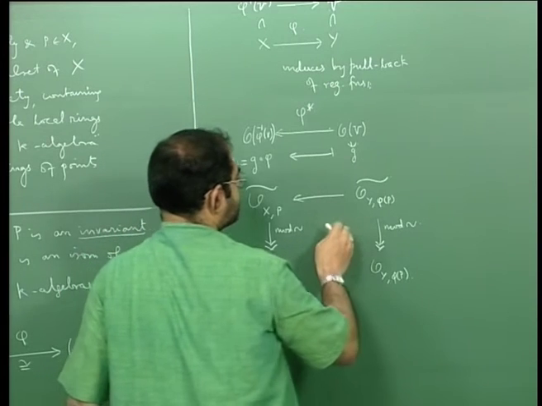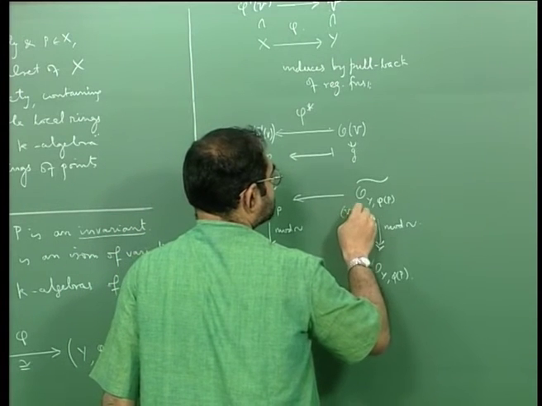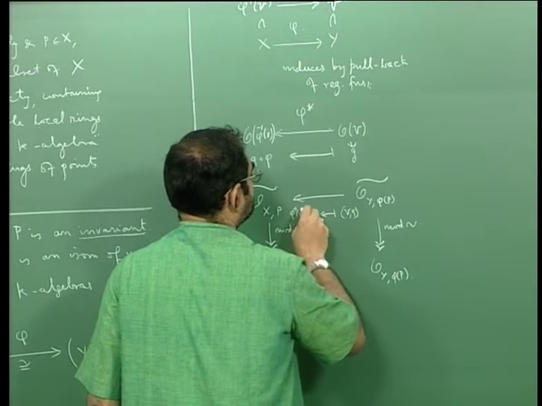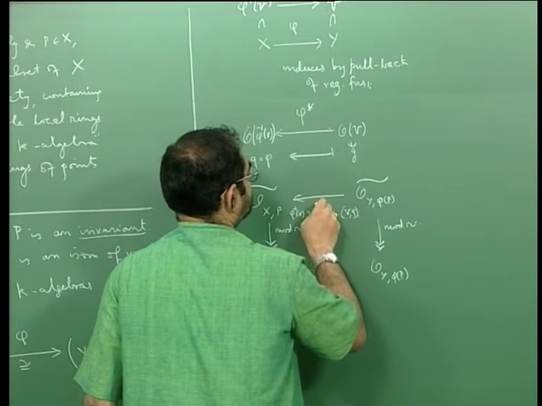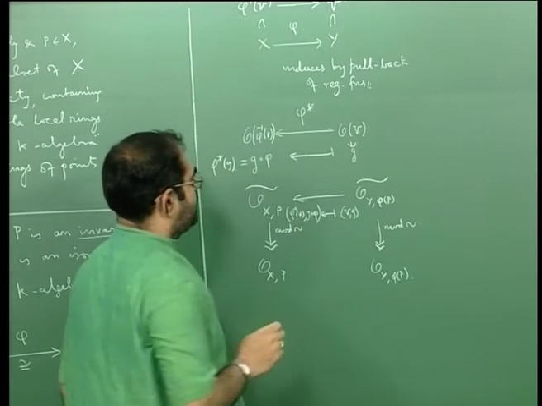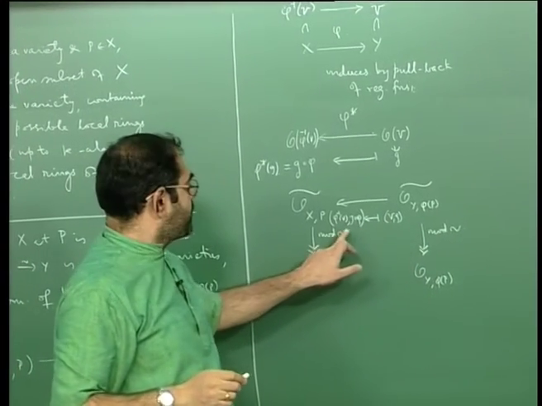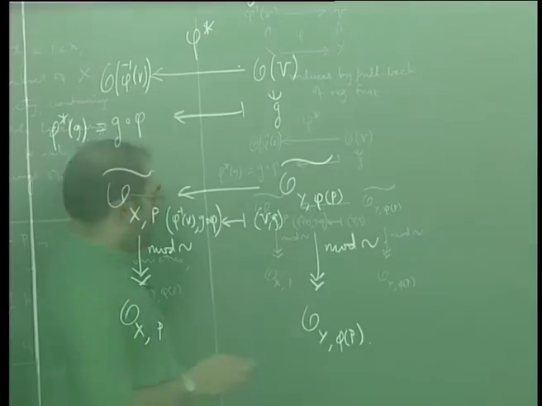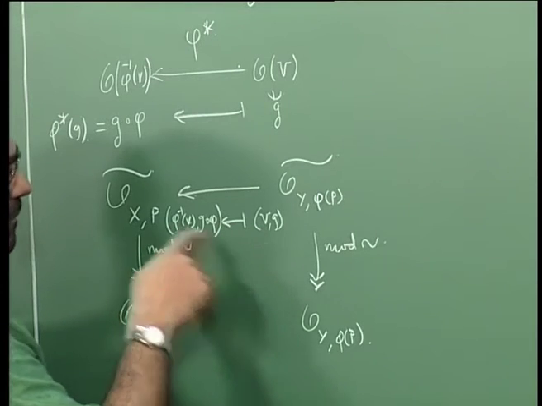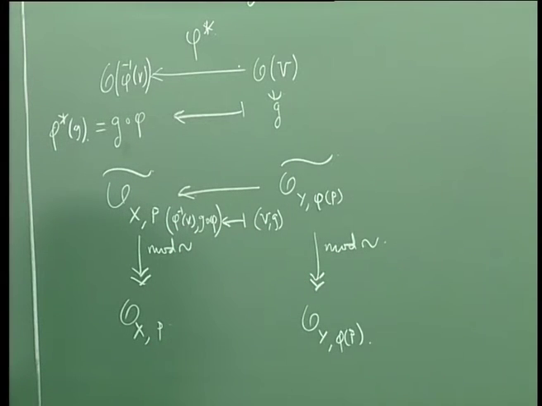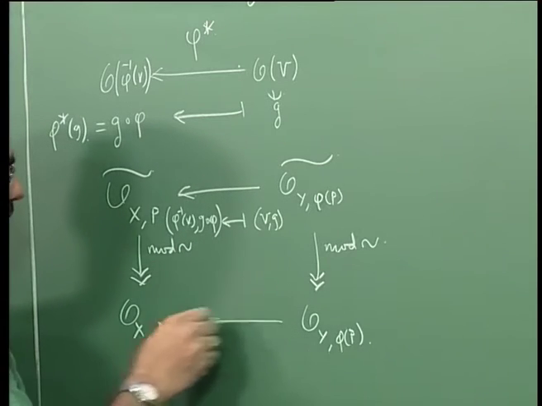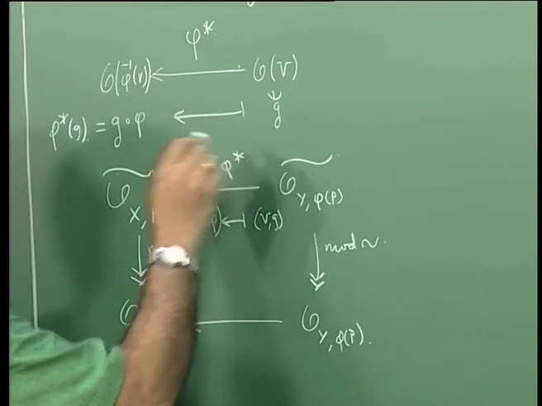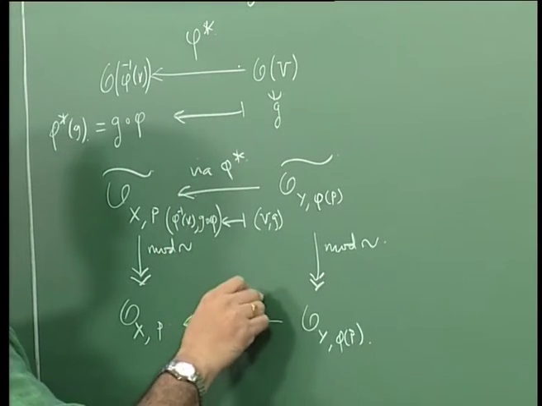Namely, if you give me a pair (V, G), it sends it to the pair (phi inverse V, G composed with phi). It sends a pair here to a pair here, and this of course respects the equivalence relations, and therefore you get a map like this. So this is via phi star, and this is also via phi star.